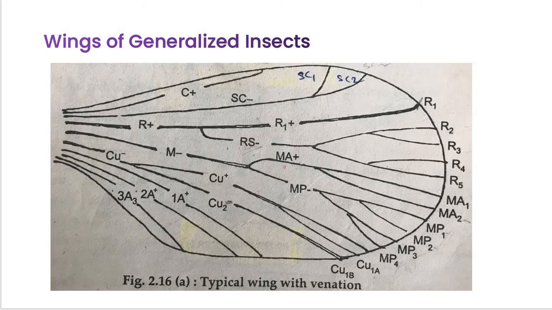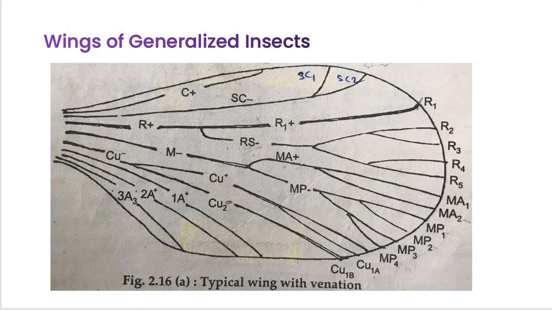After running for a short distance as a strongly sclerotized convex vein, it divides into 2 branches: the outer branch, that is R1, which runs distally towards the outer margin, and the second branch, which is termed the radial sector, which appears to be concave and gives origin to four branches, that is R2, R3, R4 and R5.